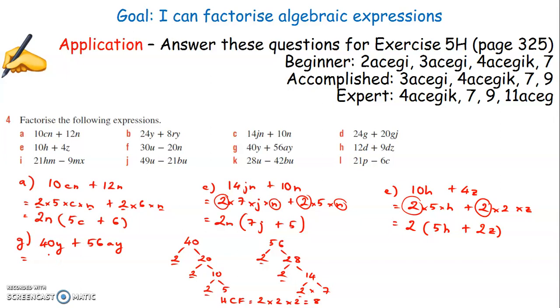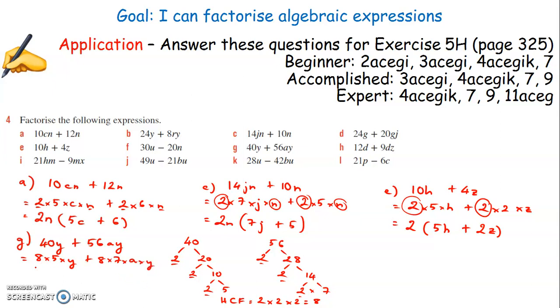Okay, so 40, that's 8 times 5, then times y. And then 56 is 8 times 7 times a times y.